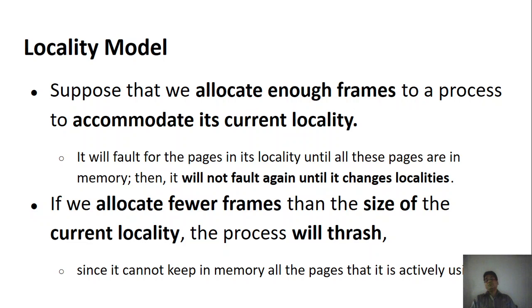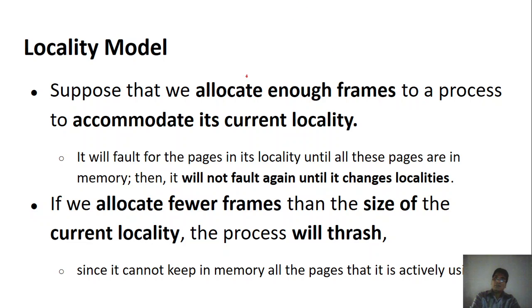Now let's come to the model. What does this model say? The model says a very simple thing. You decide the locality of a program. If the locality has 5 pages, see to it that all 5 pages are in the memory. If the locality has 3 pages, see to it that all 3 pages are in the memory.